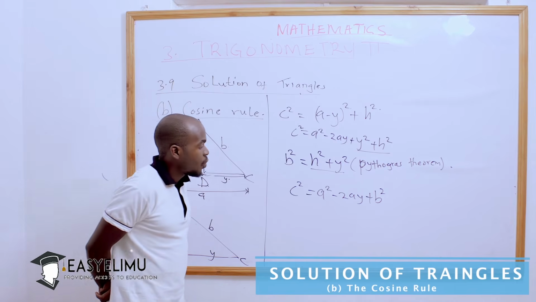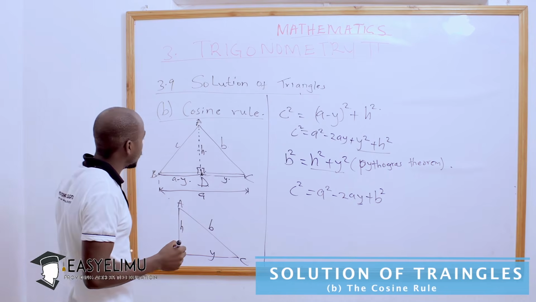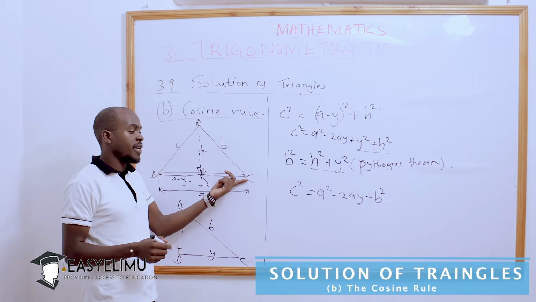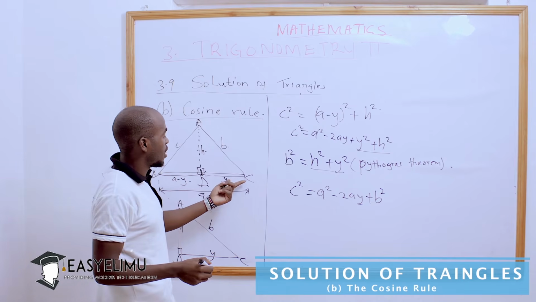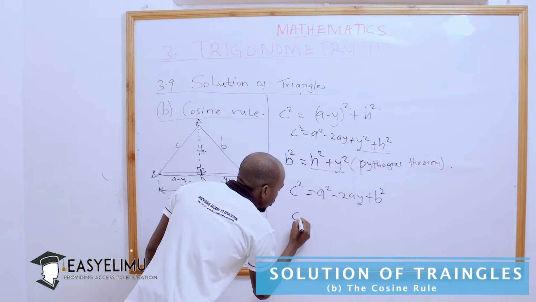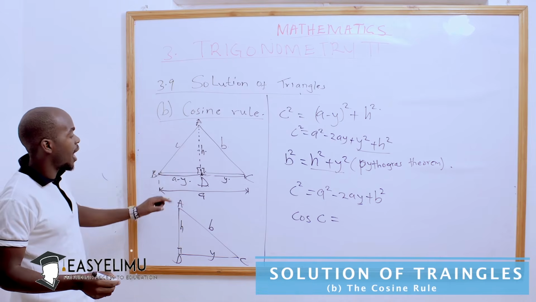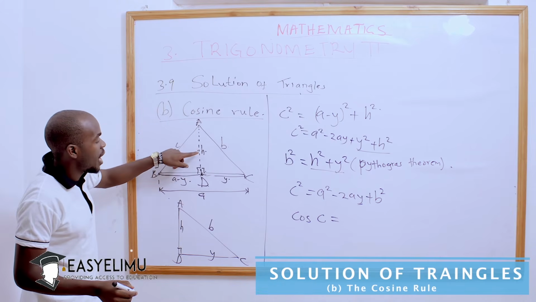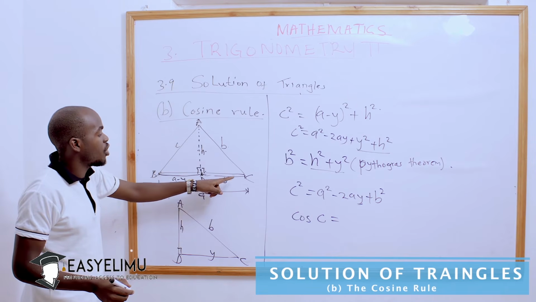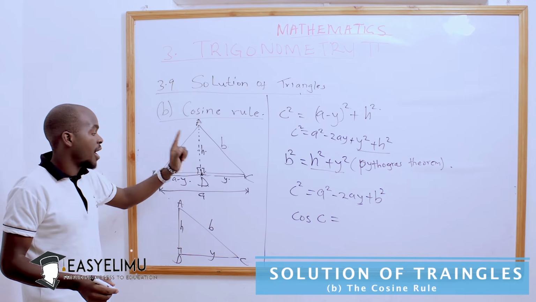On doing that, we now need to remove this value here, and on removing it, we shall say, if we need, for example, the cos of angle C, let's take the cos of angle C. So we shall find out that the cosine of the angle will be Y over B, because cosine is adjacent over hypotenuse.